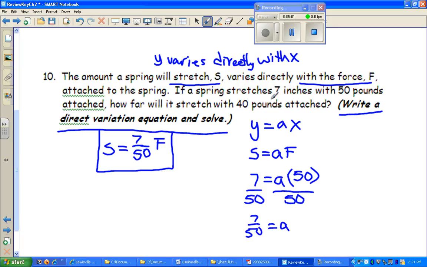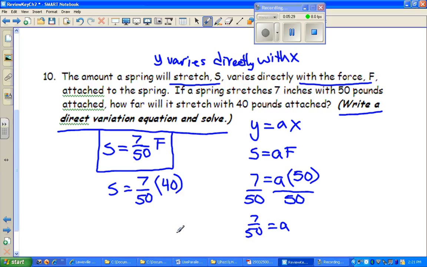The reason that it's not the whole answer is that if you read the rest of the question, it says, how far will it stretch with 40 pounds attached? So this is the first part, because in the parentheses it says write a direct variation equation and solve. Here's my direct variation equation, and now I'm going to solve it. The stretch is 7 over 50 times the force, and here the force is 40 pounds.